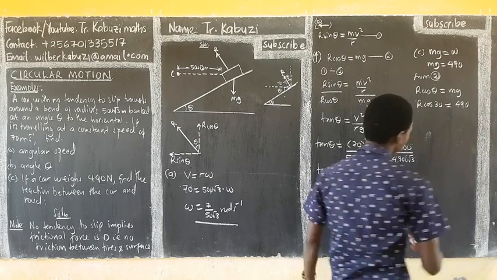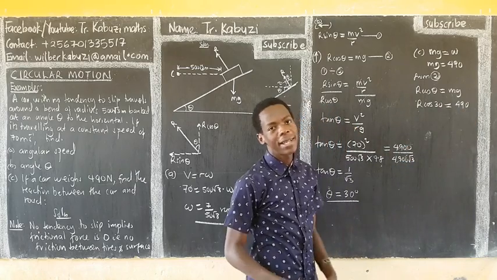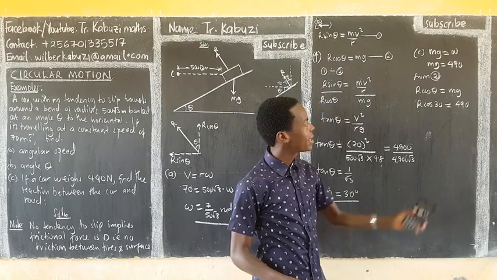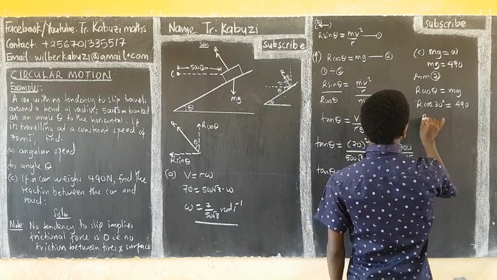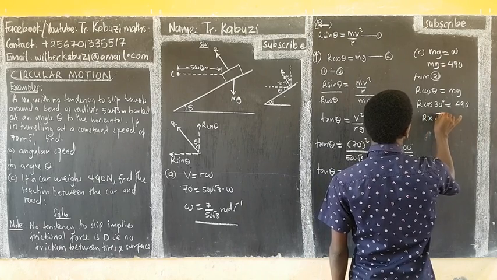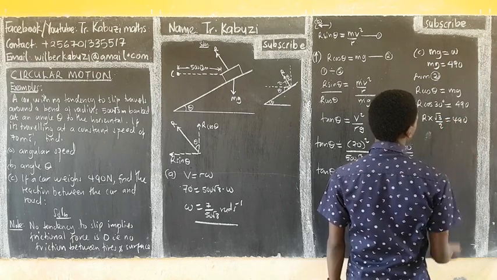Now some people are funny. Someone wanted to transfer this with this. These are degrees. Anyway, R times root 3 over 2 equal to 490, which we cross multiply.